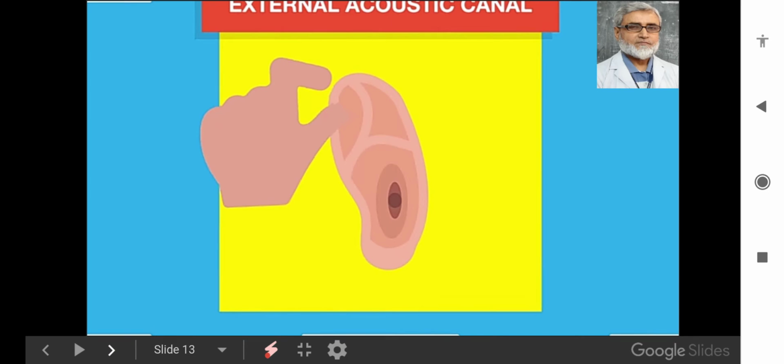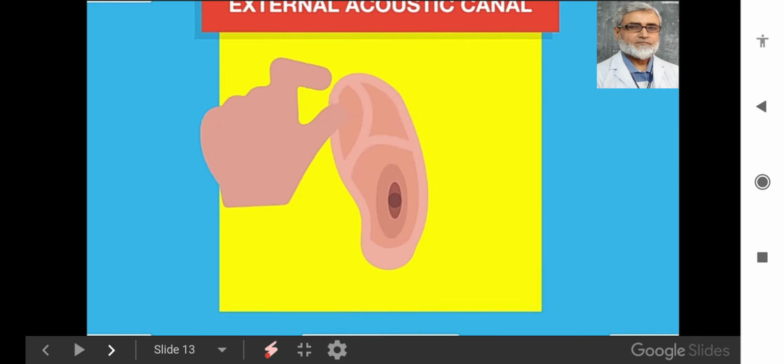See here, both external auditory meatus and internal auditory meatus. So this canal is tortuous. For examination of your tympanic membrane, the narrowest part is the isthmus, nearer to the tympanic membrane, and in the superior or inferior recess any wax or foreign body easily lodges there.